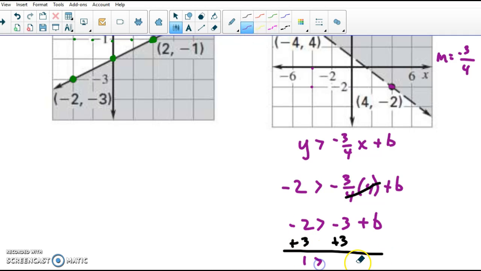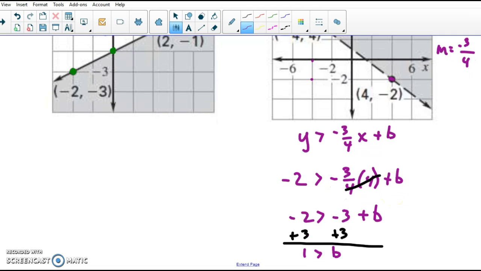And I have +1 is greater than b. So my b is going to be 1. So my new equation will be, let's write this in green, y is greater than -3/4 x plus 1.